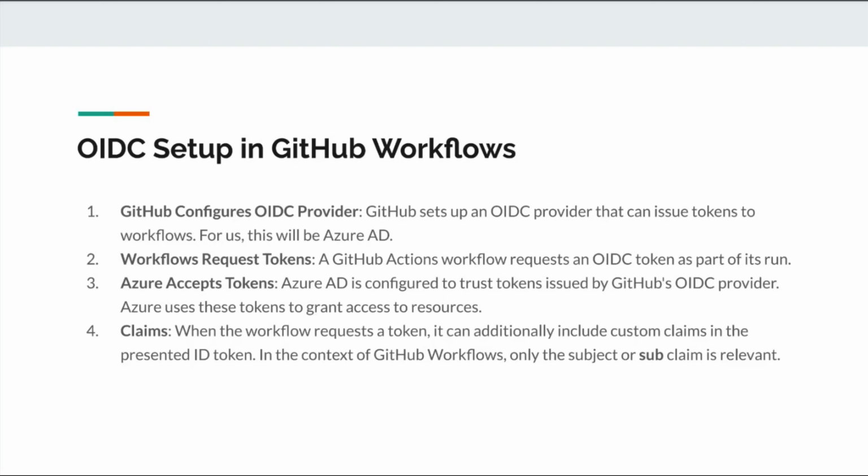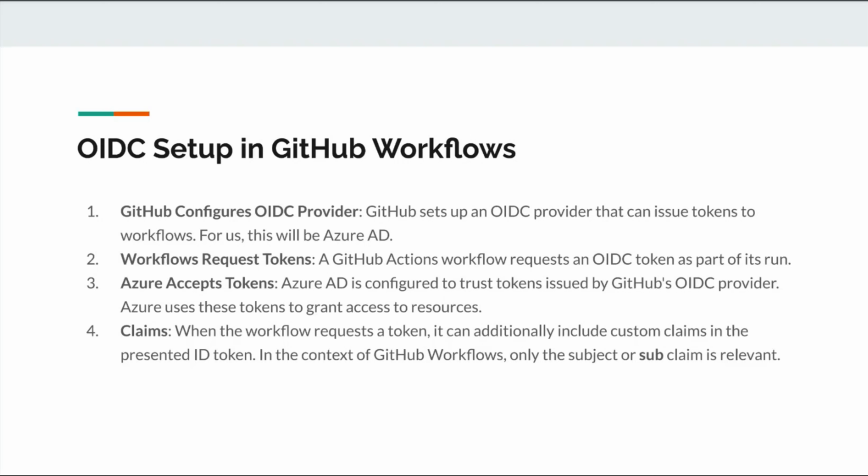Within a GitHub workflow run, the workflow or the runner will request an ID token from this token provider. Then Azure AD will look at this ID token, verify a few things, and then present an access token that this GitHub runner can use to access resources in Azure.